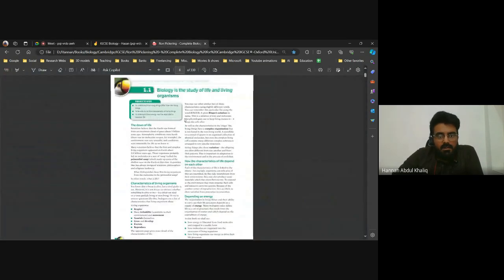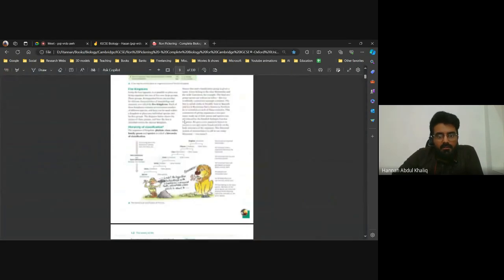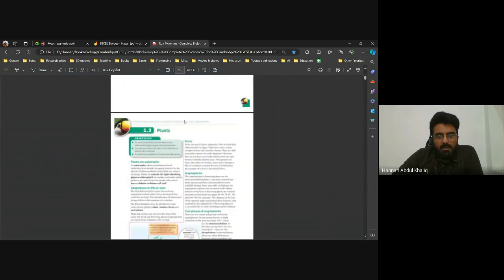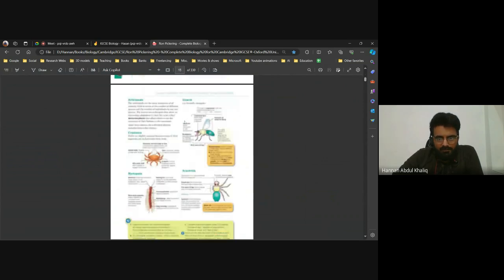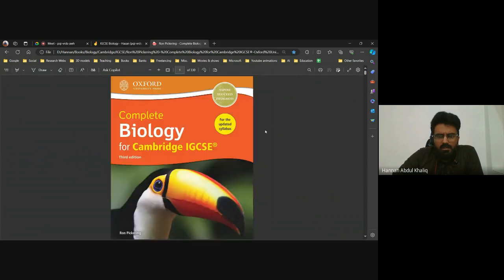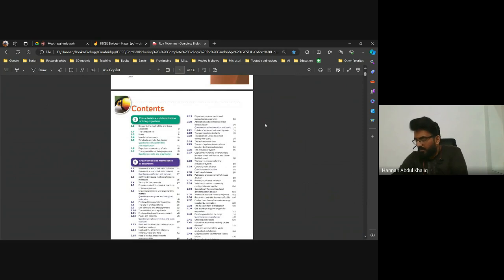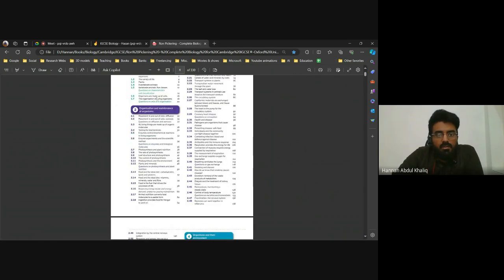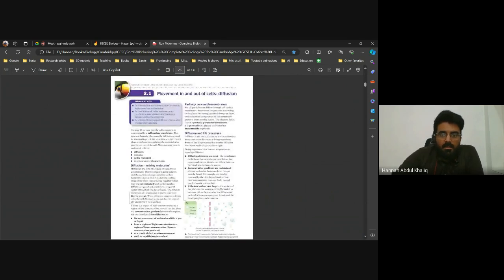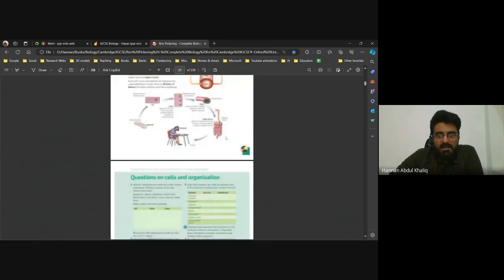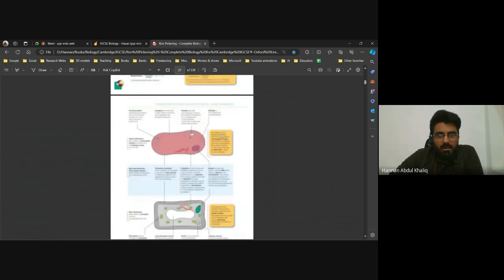Over here in our book, we have several things about the cells that we can discuss, especially when it comes to diagrammatic identifications, because there are many questions in the CIEs in which we are supposed to be guessing the different parts of the cell on the basis of the diagrams. So let's have a look here.